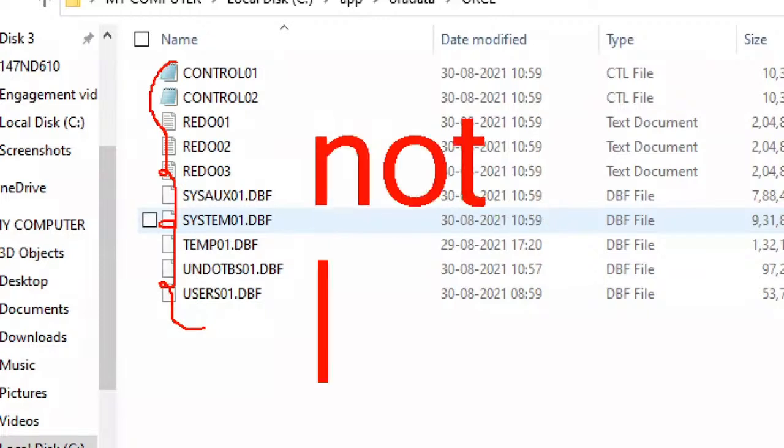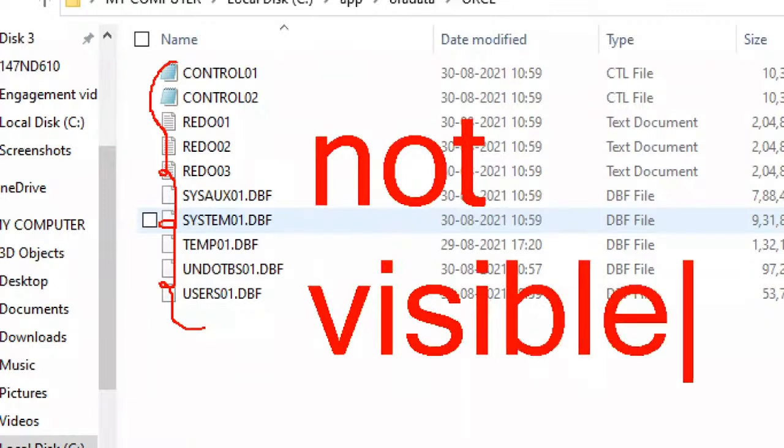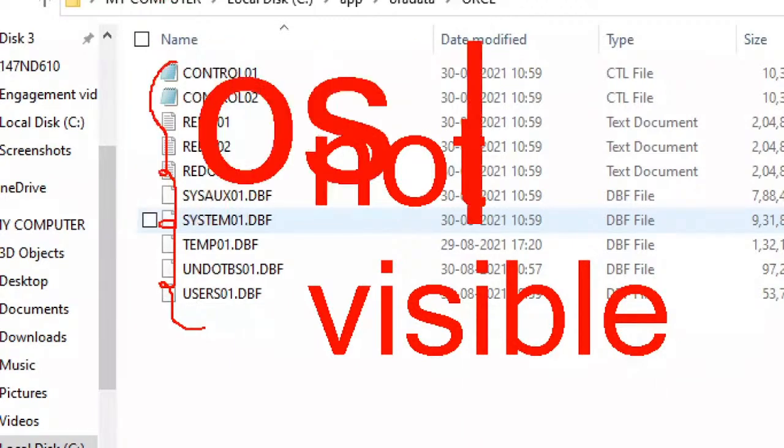This is not visible. That's why a structure which is not visible in the operating system, OS, is called a logical structure. Very, very important. Tables are not visible in the C drive, D drive like that. Views are not visible in the C drive, D drive, E drive. Indexes, functions, procedures are not visible. They are visible in the database, I agree, but unfortunately not visible in the operating system.